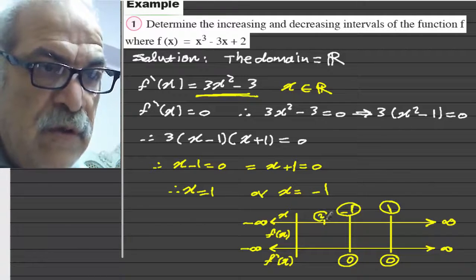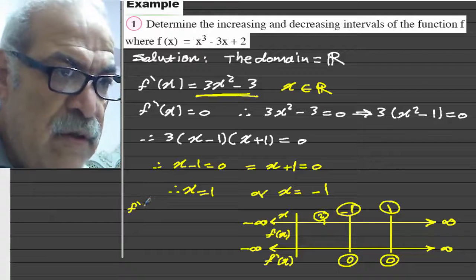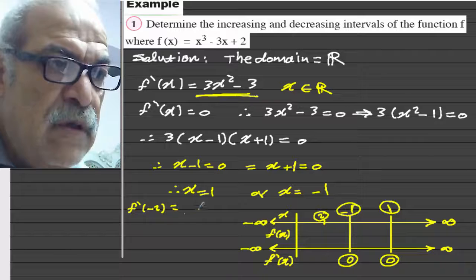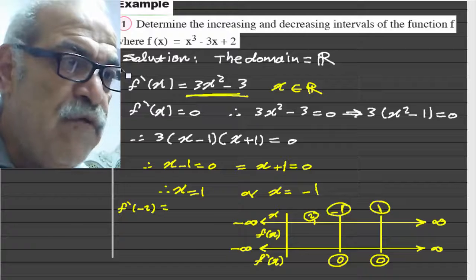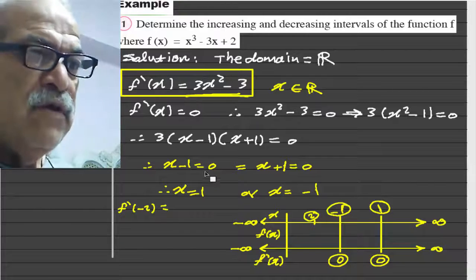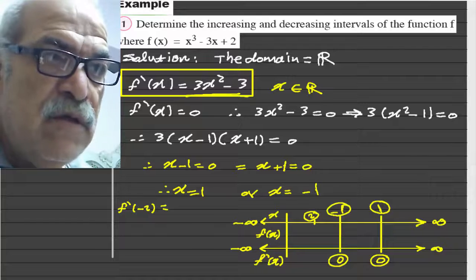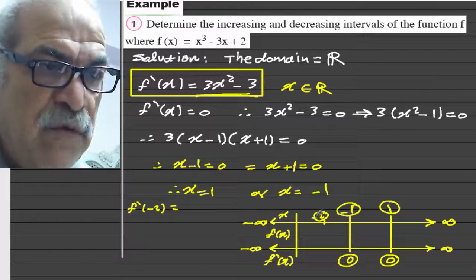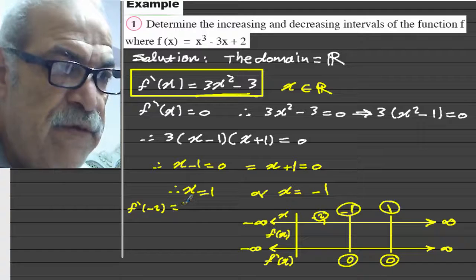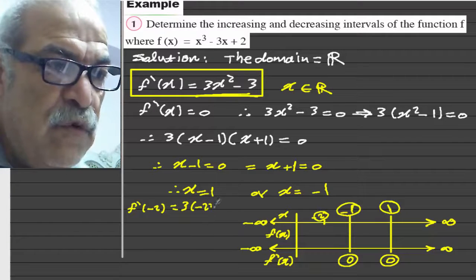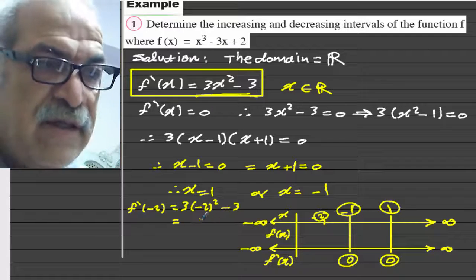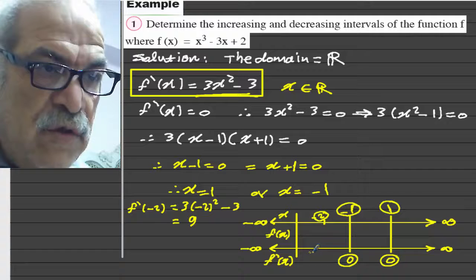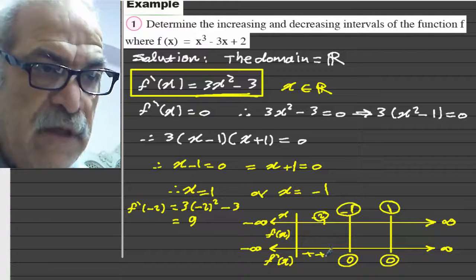So f dash of negative 2 equals, where f dash of x equals 3x squared minus 3. Substituting x equals negative 2, we write 3 multiply negative 2 all power 2 minus 3, which equals 3 multiply 4, it's 12, 12 minus 3 is positive 9. So f dash in this interval is positive.